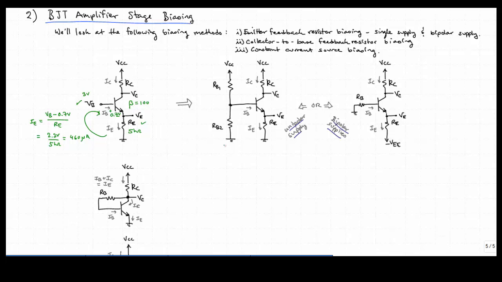Instead, we will have a set of resistors RB1 and RB2, which will help set the bias voltage at the base, and through which will be supplied the base current for biasing up the amplifier or the transistor.